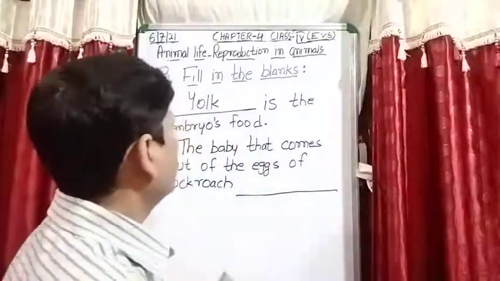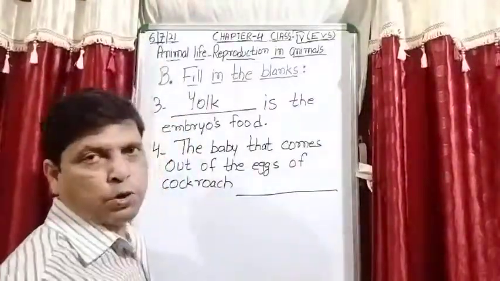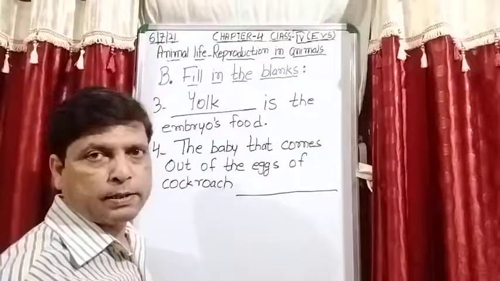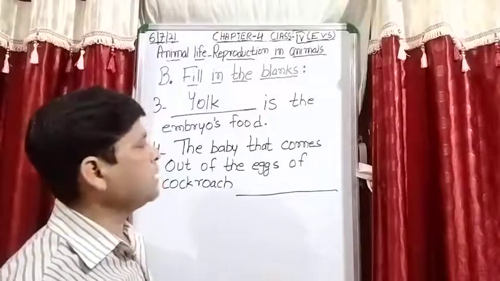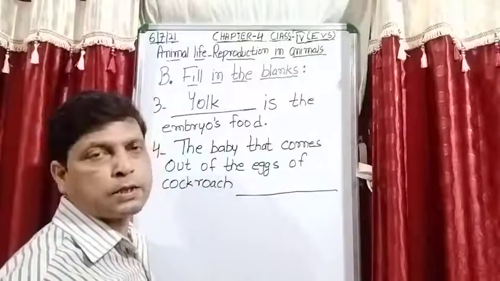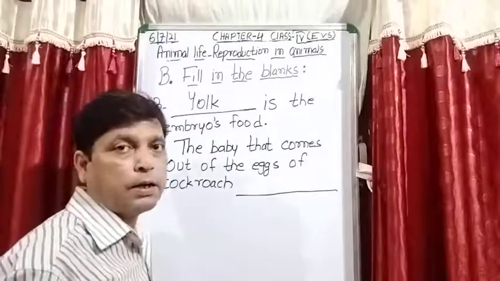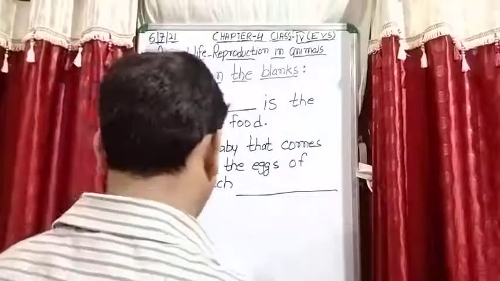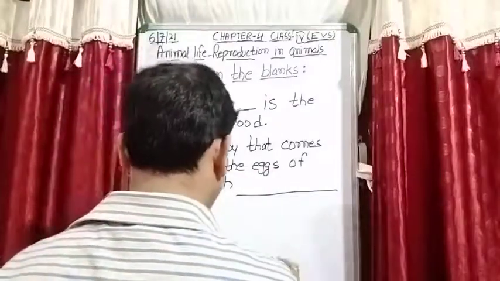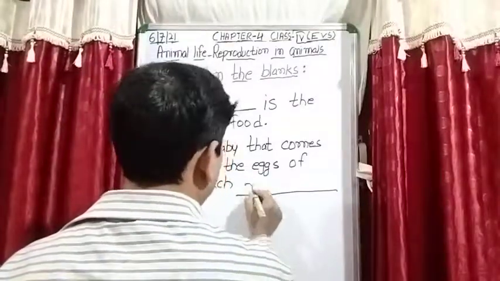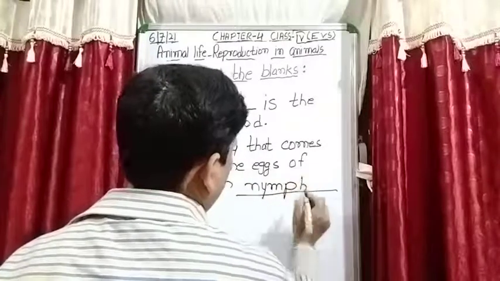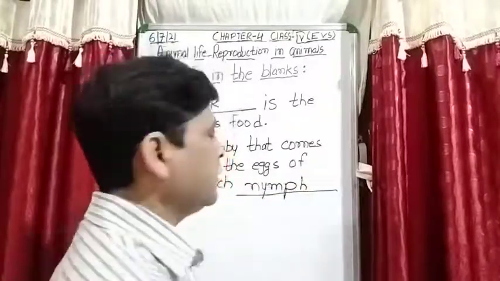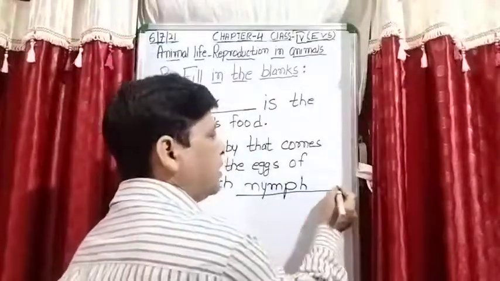So the young one of a cockroach, what are they known as? Is it clear? So this is the first stage, and in this stage they are known as nymph.